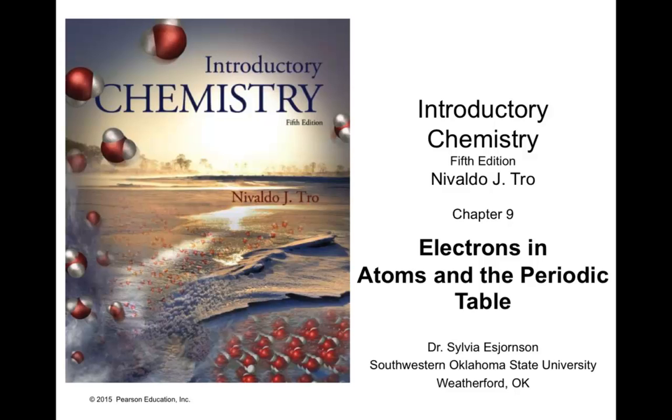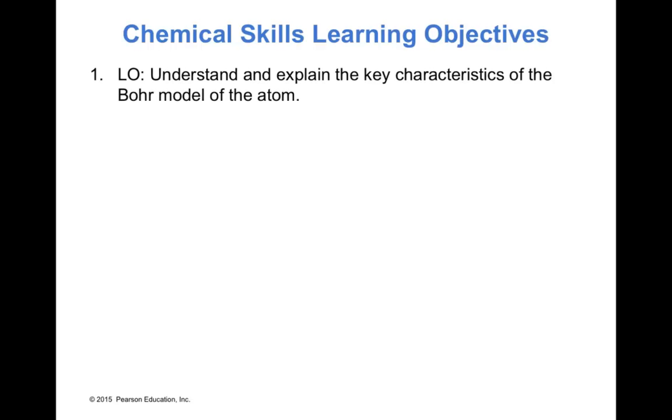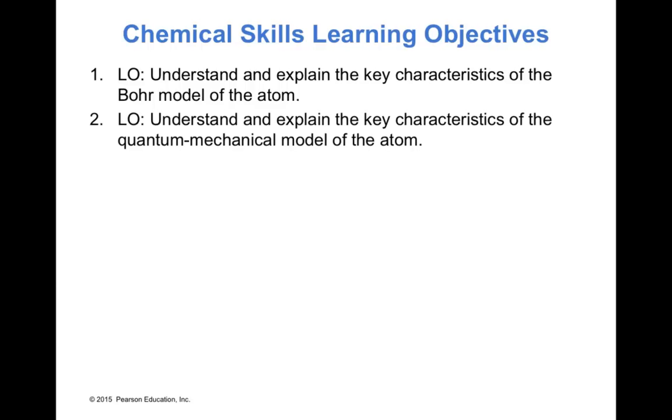During this module, we'll be discussing Chapter 9, Electrons in Atoms and the Periodic Table. By the end of this chapter, you will be able to understand and explain the key characteristics of the Bohr model of the atom, understand and explain the key characteristics of the quantum mechanical model of the atom.